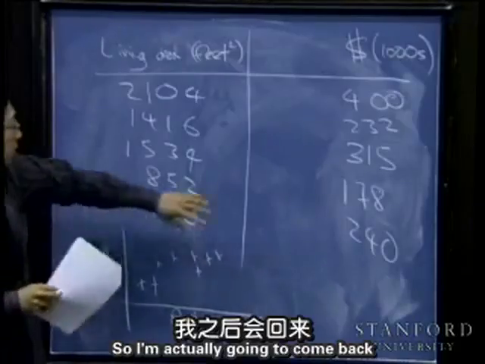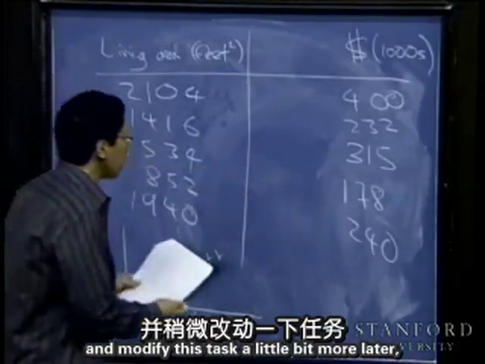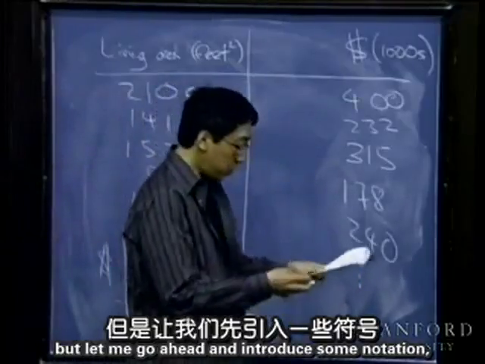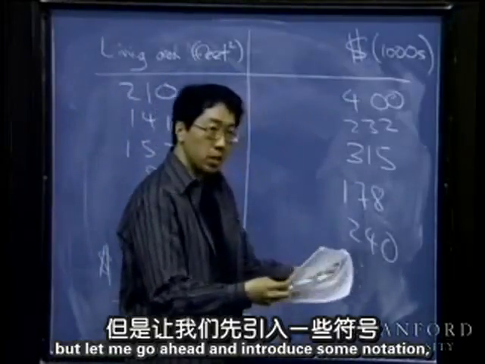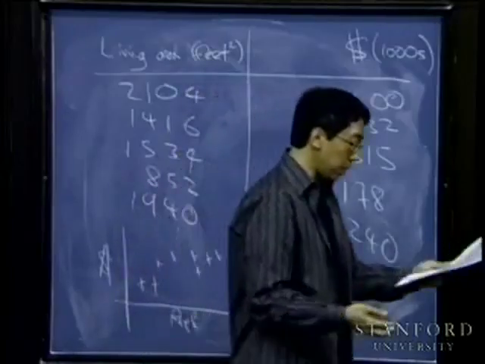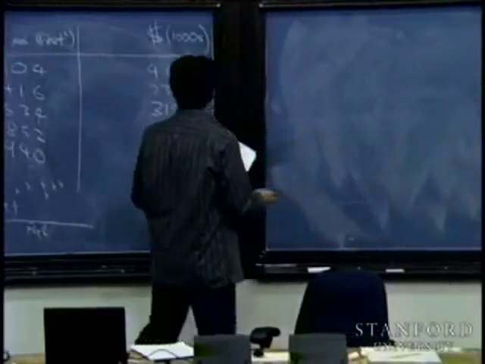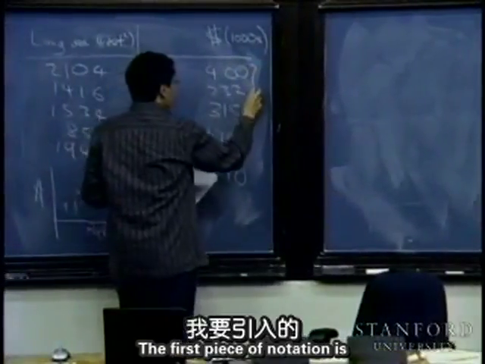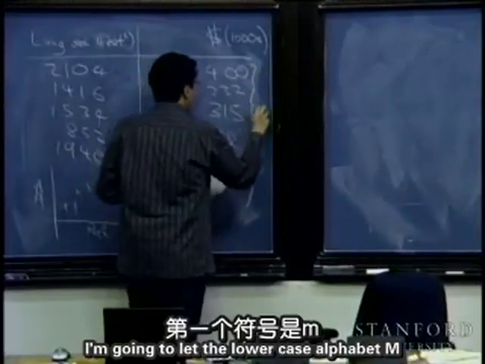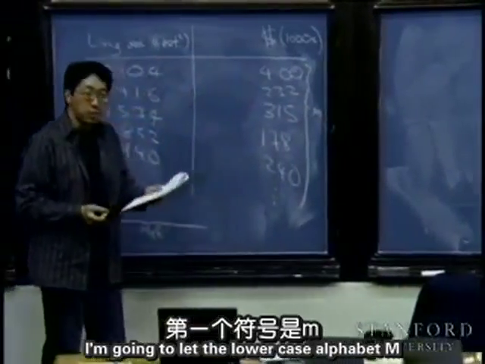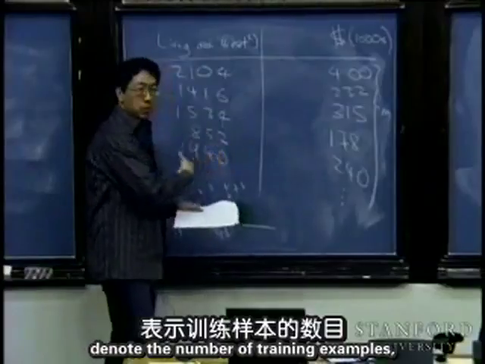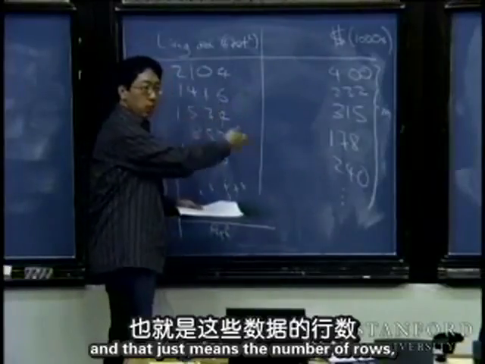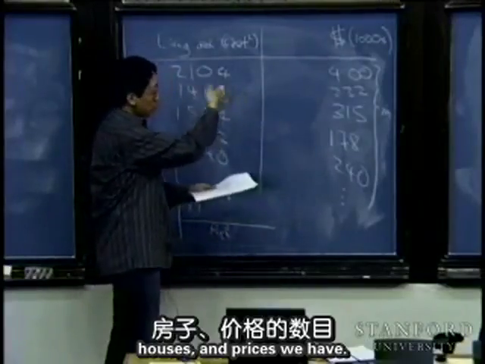I'm actually going to come back and modify this chart a little bit more later. But first, I'm going to introduce some notation which I'll be using throughout the rest of this quarter. The first piece of notation is I'm going to let the lowercase m denote the number of training examples. That just means the number of rows, the number of examples, houses and prices we have.